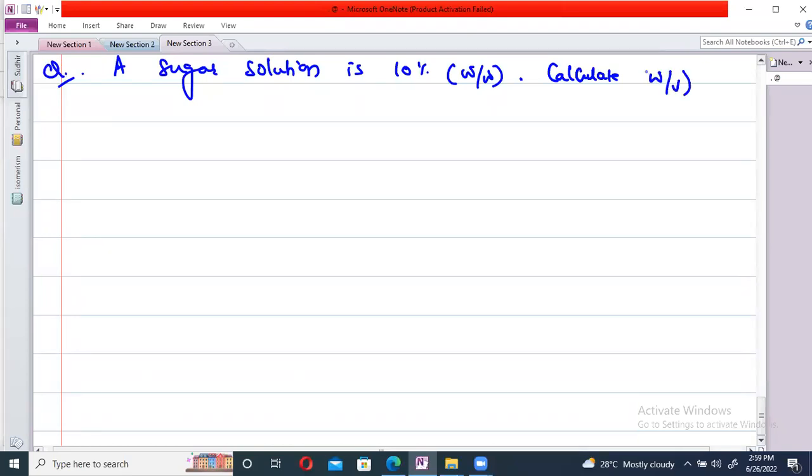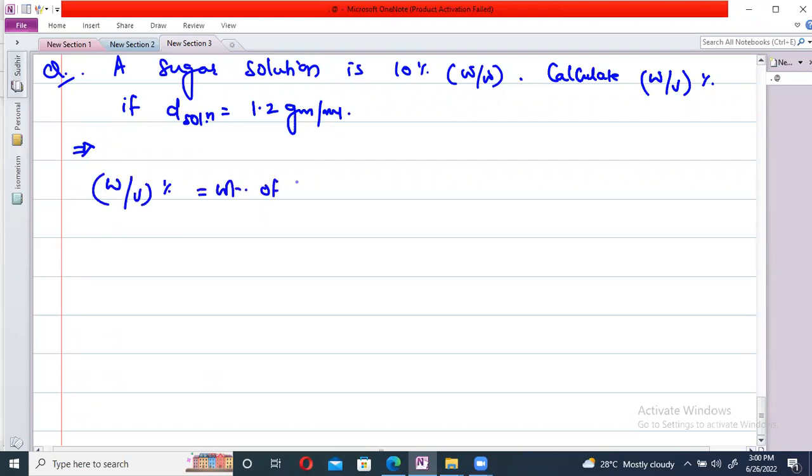Calculate W by V percentage if the density of the solution is 1.2 gram per ml. See what they are asking, that formula first you write down. They are asking W by V percentage.